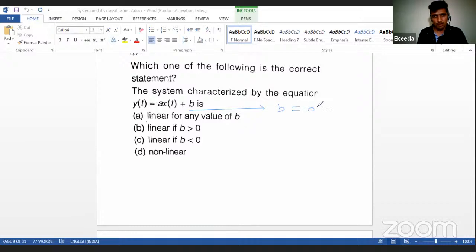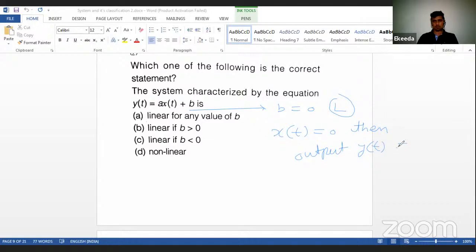If b is equal to 0, then the system will be linear, because we have already told that initial condition must be 0 for a system to be linear. In other words, when x(t) is 0, output y(t) must be 0 for a linear system.